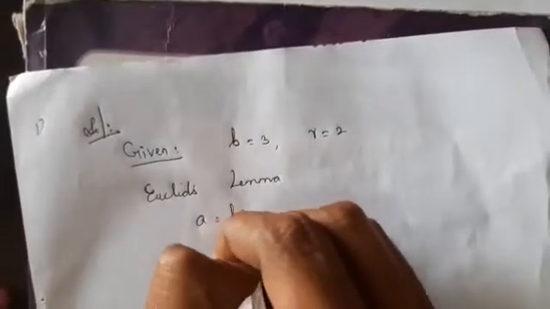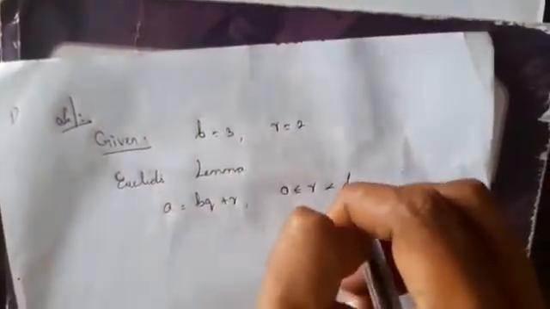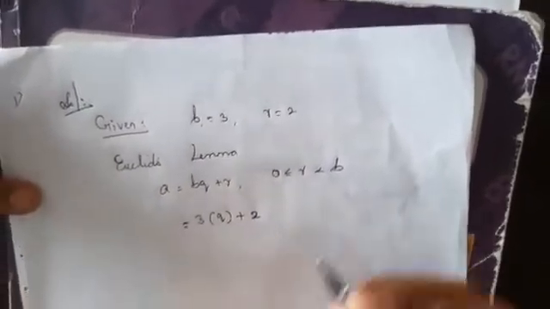By using Euclid's lemma, a is equal to bq plus r, 0 less than or equal to r less than b. Apply the given values: a is equal to 3 into q plus 2.